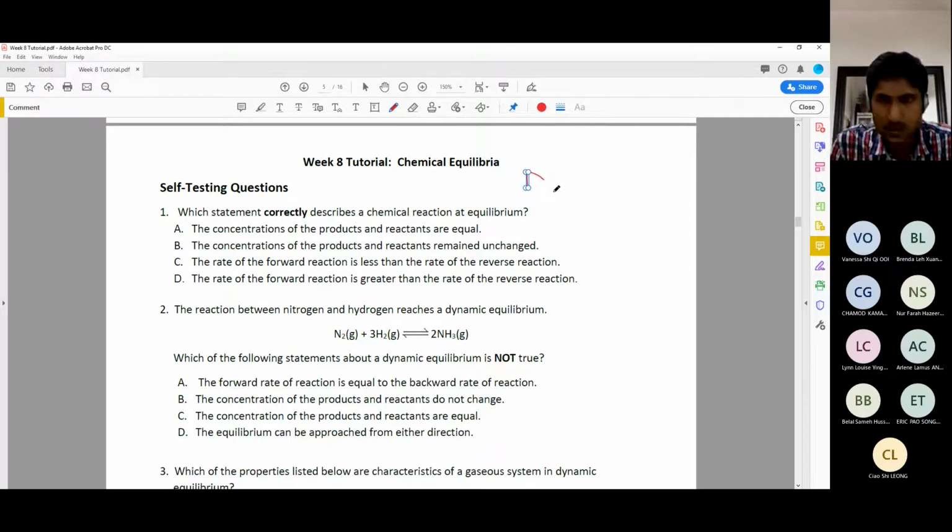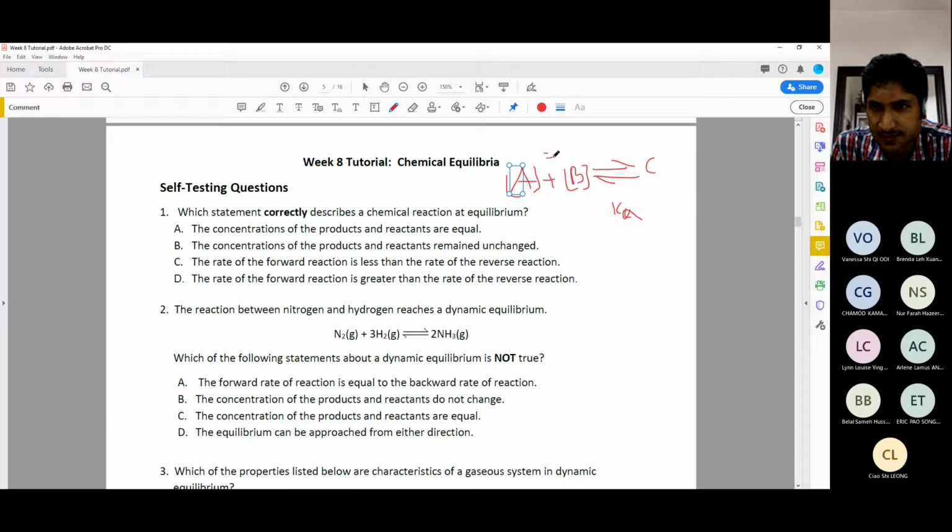Let's say A plus B produces C, for simplicity. When the reaction reaches equilibrium, is the concentration of A equal to B equal to C?